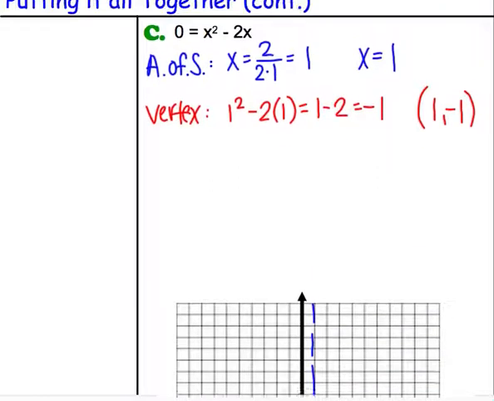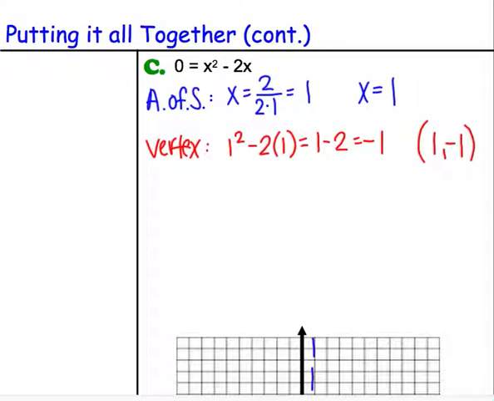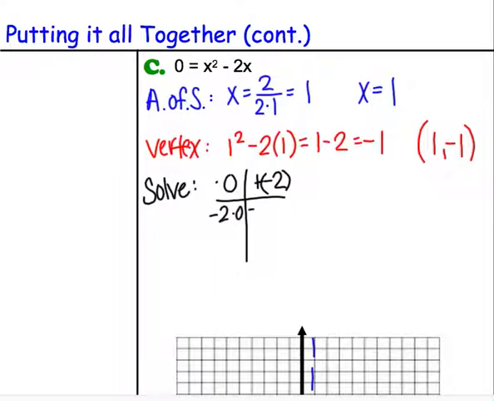And then I'm going to solve my quadratic. If you recall, I need to multiply to c, which is 0, and add to negative 2. The only way that I can do that is negative 2 times 0, because negative 2 plus 0 is negative 2.